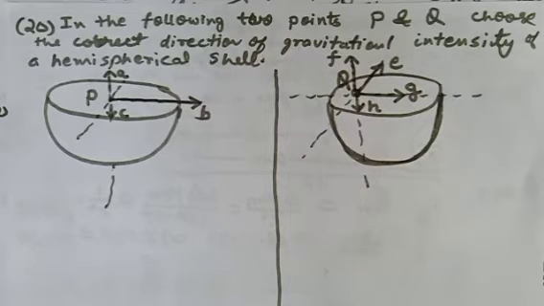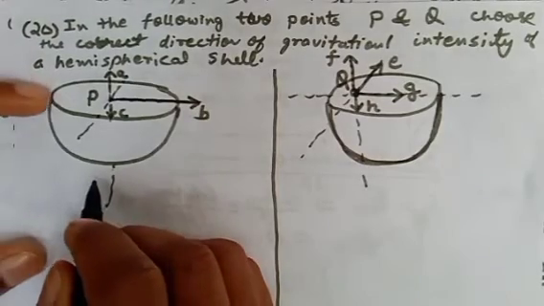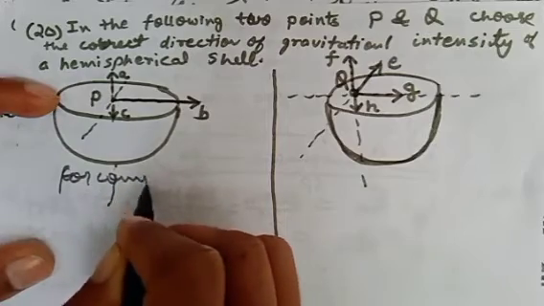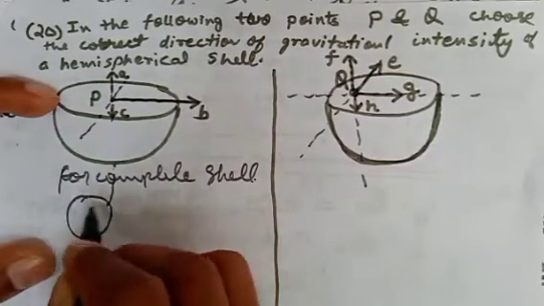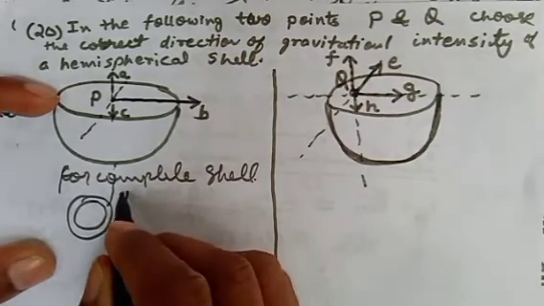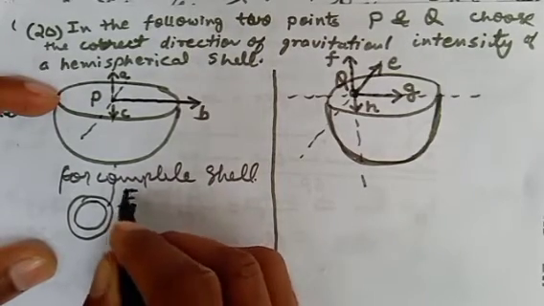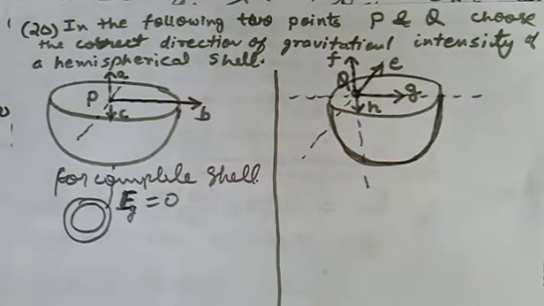Remember, for a complete shell, meaning a hollow sphere, gravitational intensity, which I refer to as EG, is 0. There's no gravitational intensity inside the shell because there is no mass inside it.